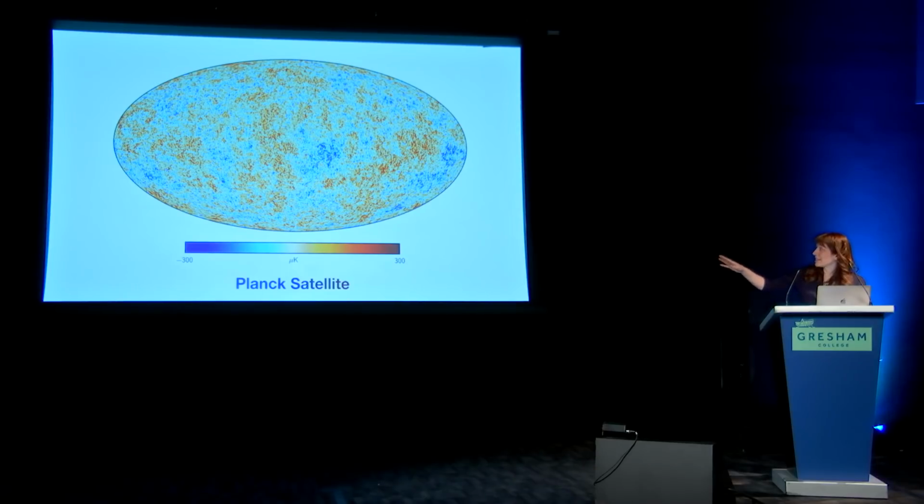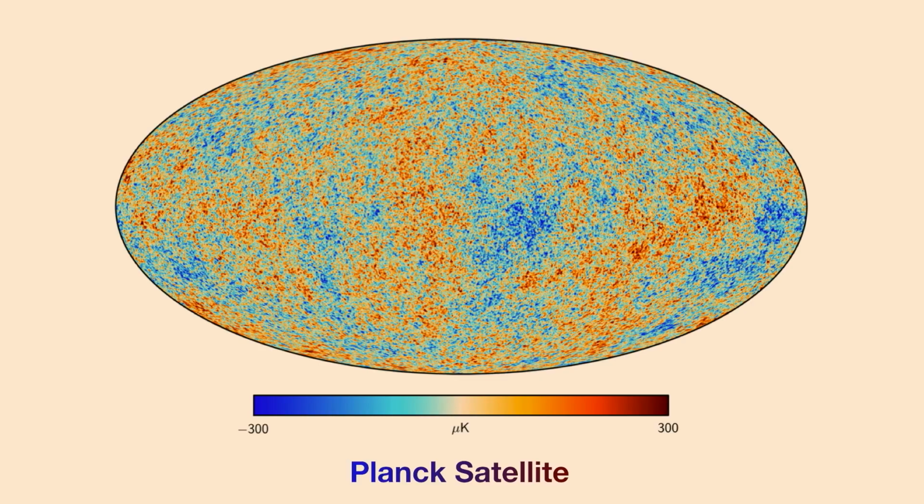The temperature scale at the bottom, temperature being how we represent the differences in the physical properties in the universe at these early times that I described 2 lectures ago, are very subtle indeed. On the left-hand side, the extreme minimum is minus 300 micro degrees Kelvin, and on the right-hand side, plus 300 micro degrees.